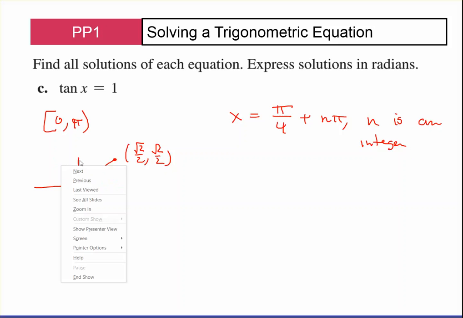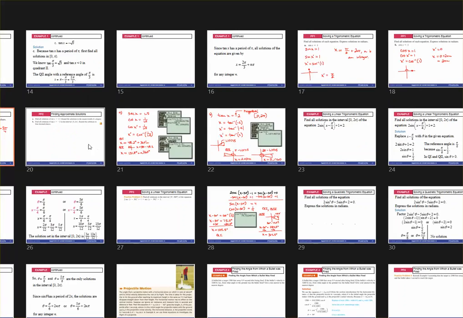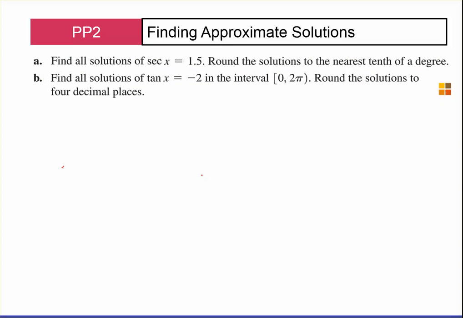Practice problem number 2. This one has to do with finding approximate solutions. So yep, you need your calculator if you have a calculator. All right, if you do have a calculator, let's go through it together here because there's a few little things you've got to deal with.